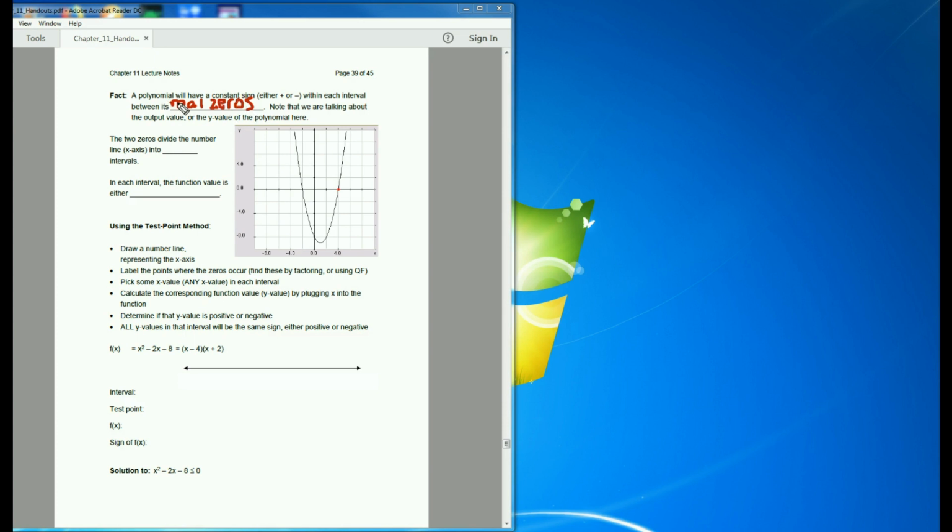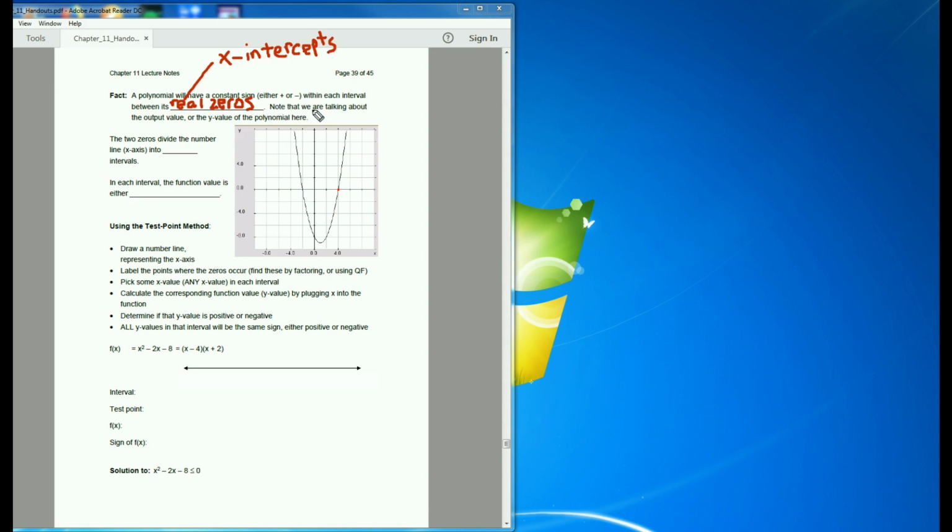Just a reminder that the real zeros means its x-intercepts.